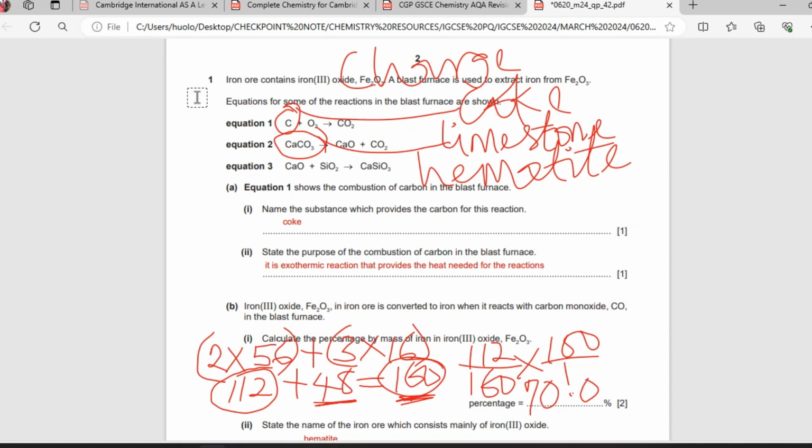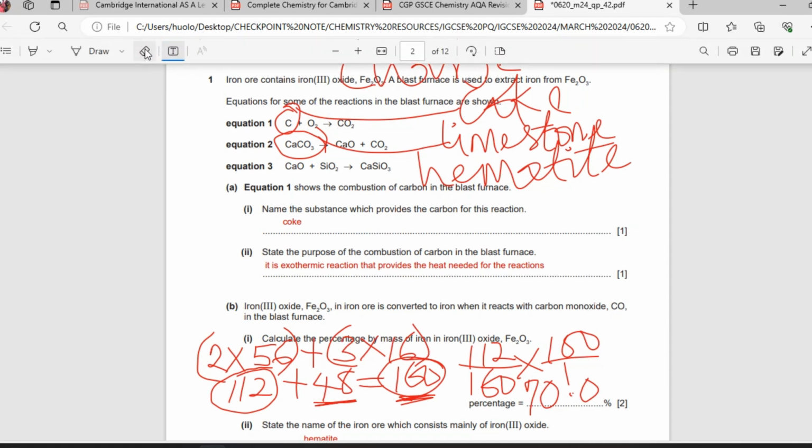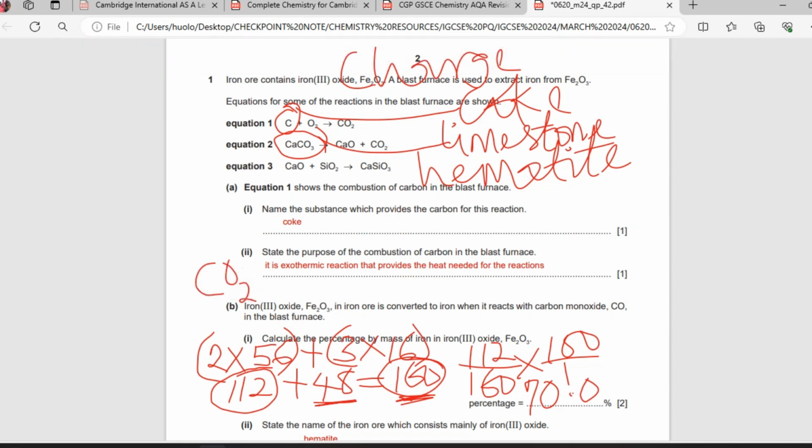As it rises up, it's going to combine with more carbon as it goes up. So you are saying carbon dioxide rising up to combine with carbon, and we will have carbon monoxide.